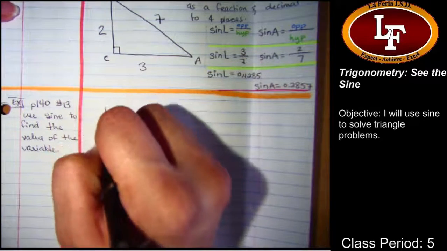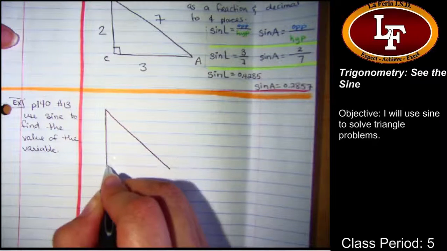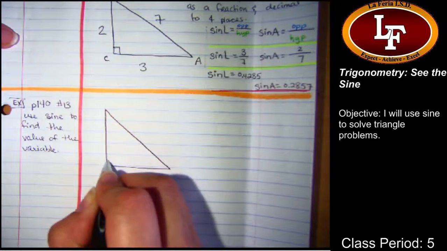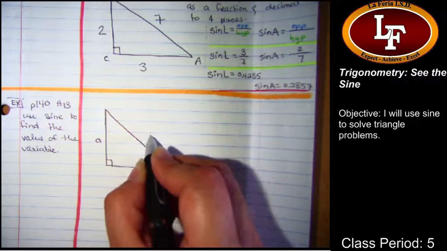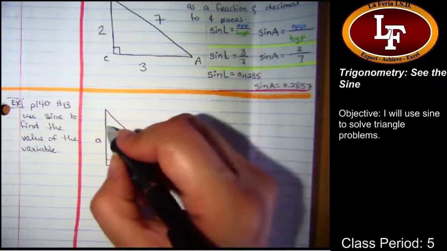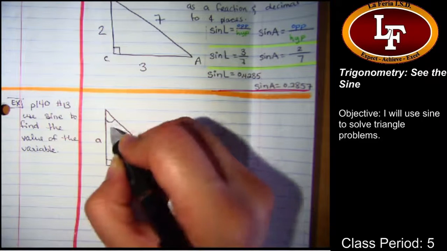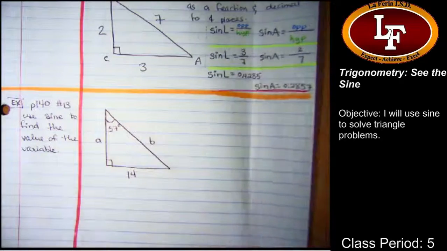I'd like you to draw a nice big triangle for me. You can make it as big or the same size as the one before. Mark your right angle. Mark your side lengths as I have. Mark your angle measure as I have.